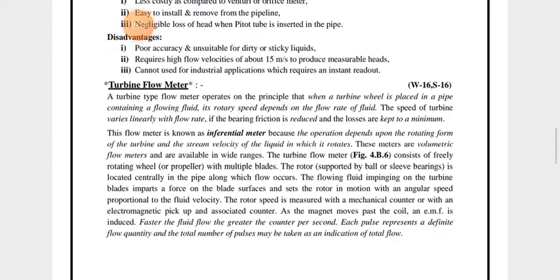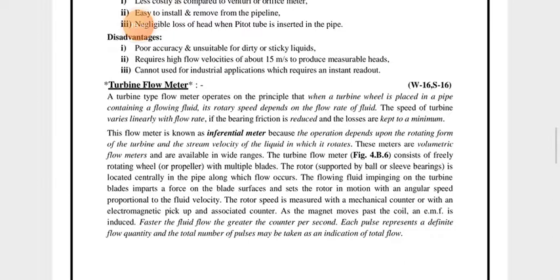The flowing fluid impinging on the turbine blades imparts a force on the blade surface and sets the rotor in motion with an angular speed proportional to the fluid velocity. The rotor speed is measured with a mechanical counter or with an electromagnetic pickup and an associated counter.